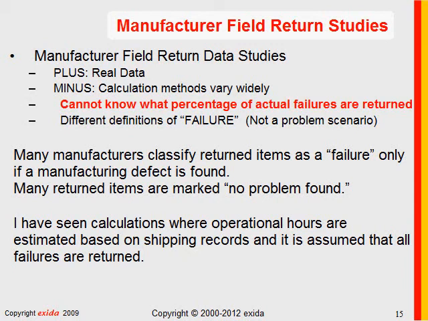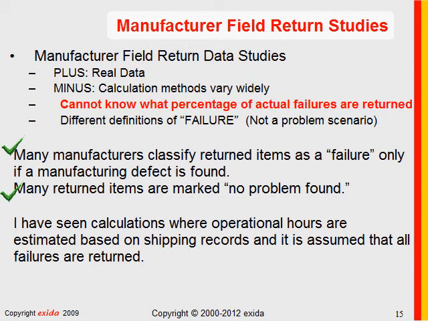And even, although I criticize manufacturers' warranty data studies, there is real data there, and in fact, manufacturers can provide some useful information. When the report is done by a manufacturer, I've often found that these are quite self-serving, and therefore the failure rate data is optimistic because many returned items are marked "no problem found."